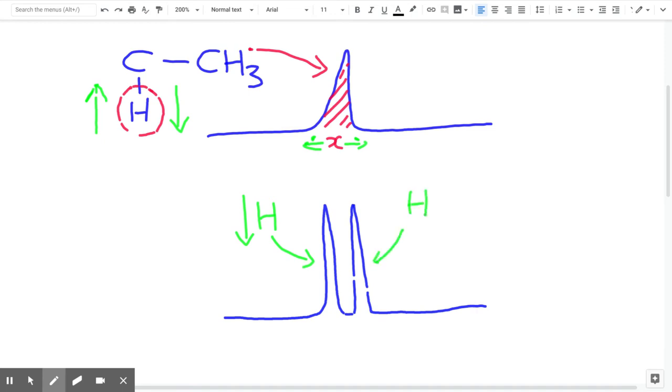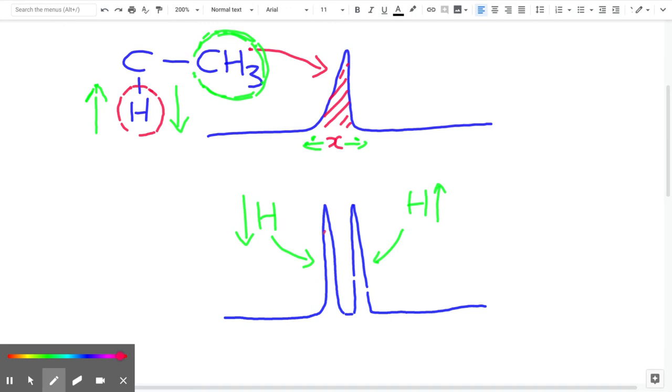But the other one is due to the proton adjacent to the protons you are looking at. So remember, we are looking at the CH3 peak here. However, the shape of the peak is due to splitting of the peak due to protons on the adjacent carbon. We get this doublet because of one going down and one going up.